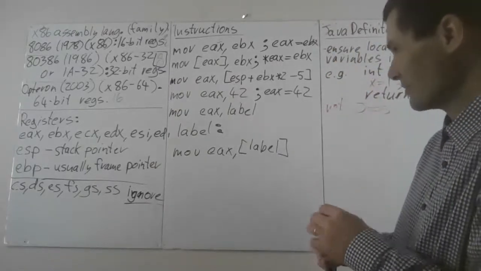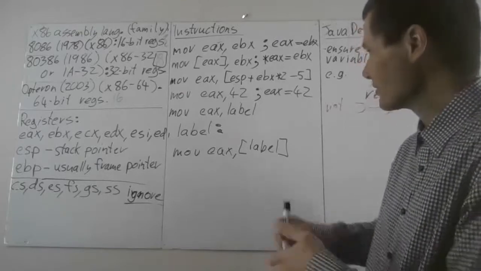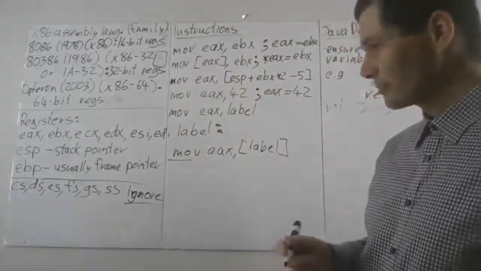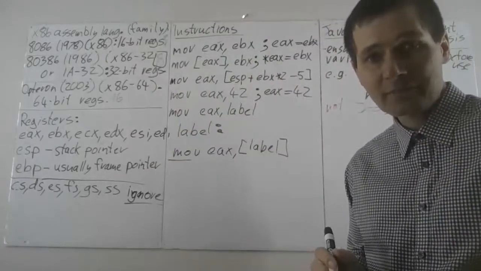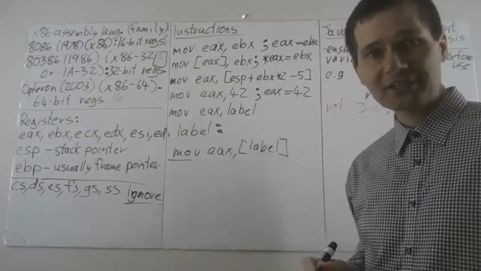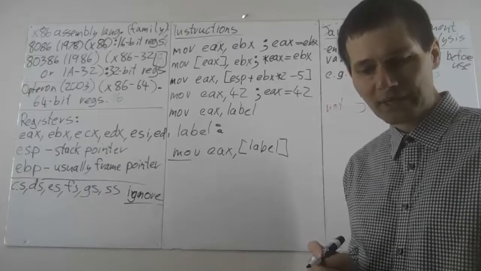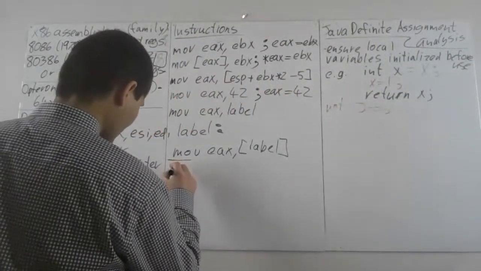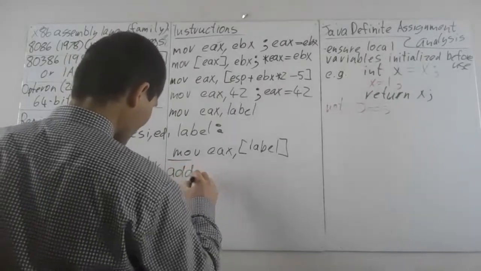Okay, so enough move. After you move data around, you probably want to do some arithmetic, right? Or you're going to need to implement arithmetic for your compiler. So you get the instructions that you might expect.